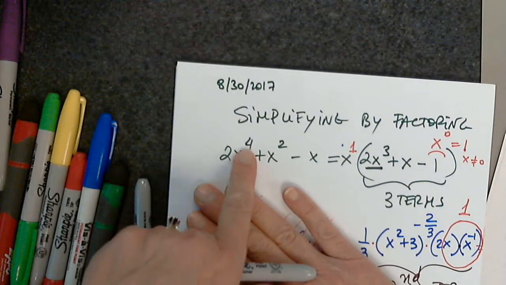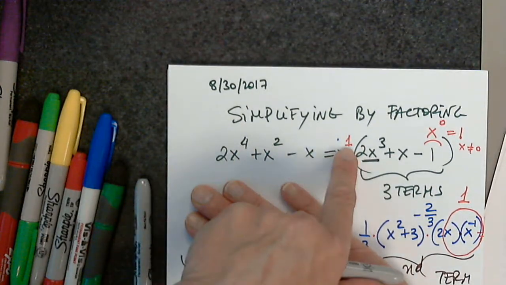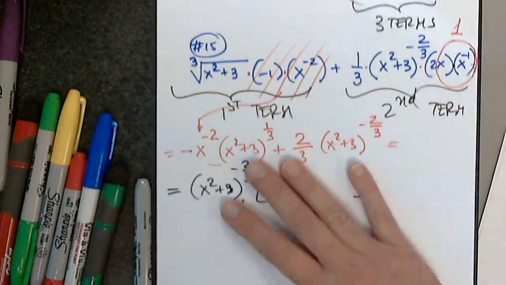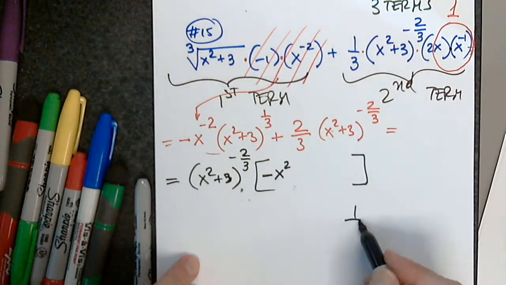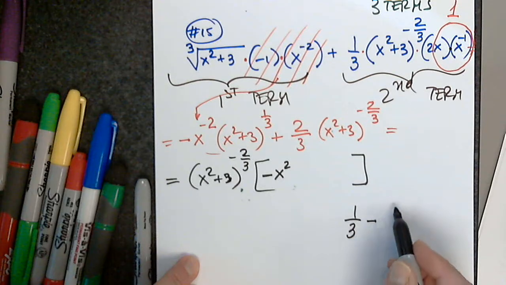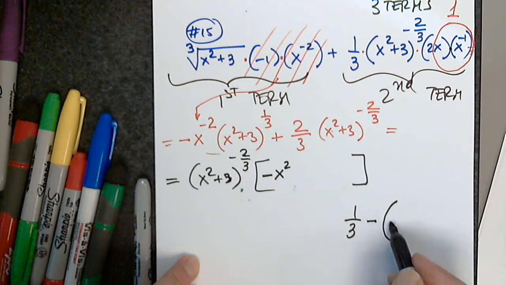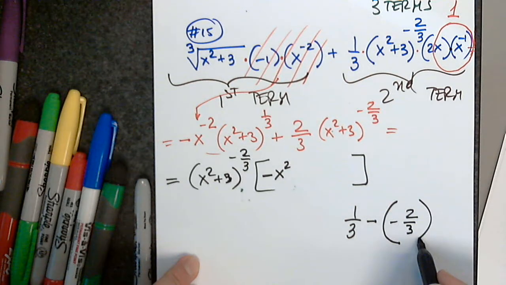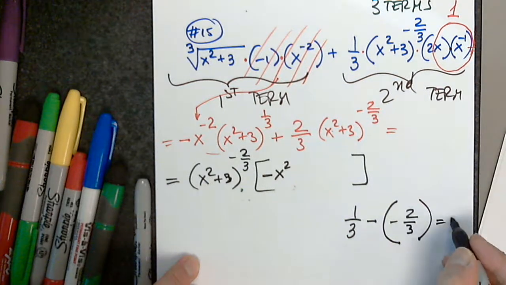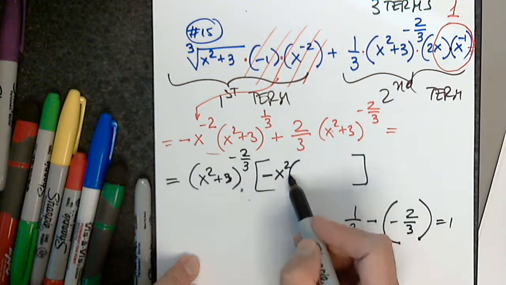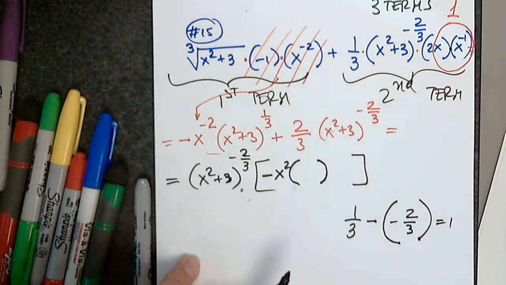Coming back. From power 4, I subtracted power 1. Exactly. 1/3 minus, careful, in parentheses, negative 2/3. That's the key. Exactly. So what do I write in parentheses then, and which power?